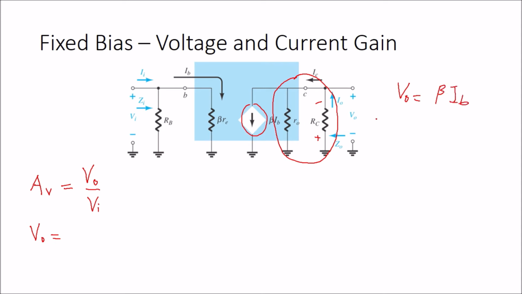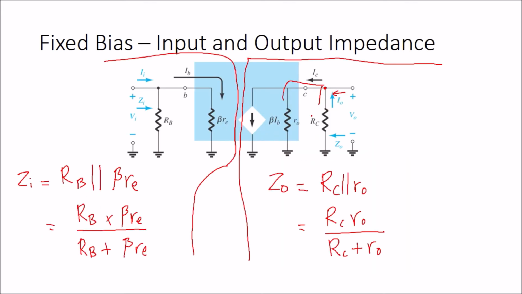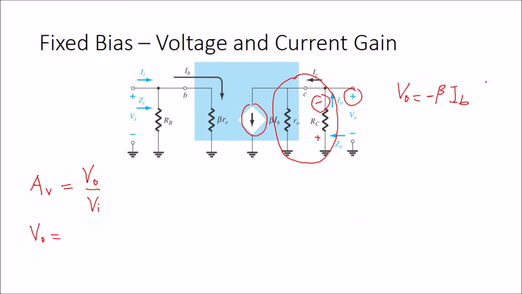It's minus because of the different polarity here, plus and minus, so that's why this is minus. Beta IB times the total impedance. The total impedance we already calculated here is RC parallel with R naught. I just noted it here as RC parallel with R naught.